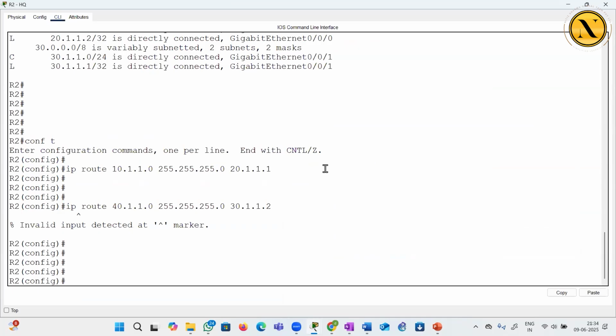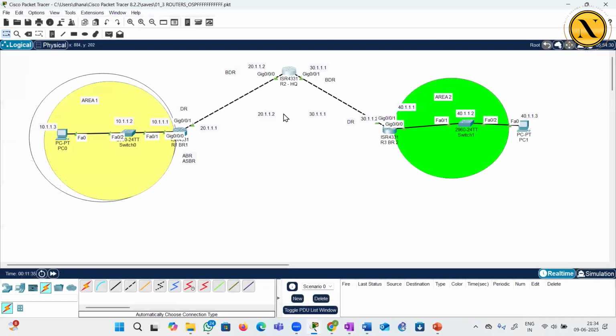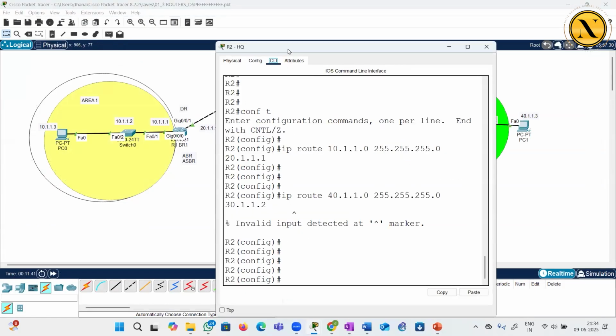IP route. Something wrong here. It's not taking this. Why? Why is it not taking? Any mistake? Next hop should be 31.1.2. What's wrong?